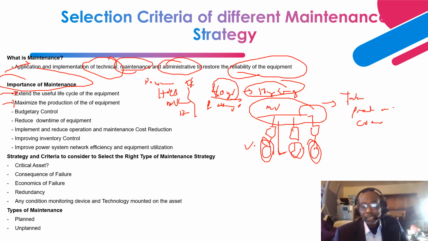What is going to happen? With time, it's going to arc to ground. And if it arcs to ground, you can get a phase-to-phase fault or three-phase fault to ground, and that can interrupt power supply to these motors.